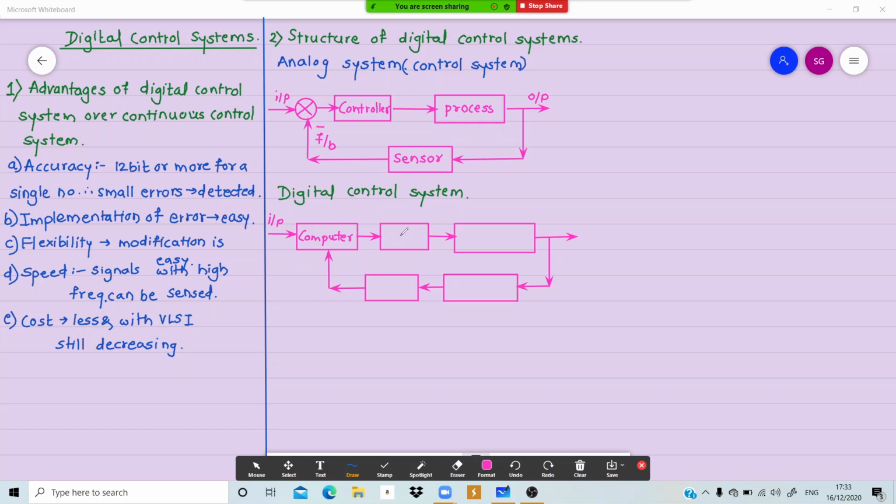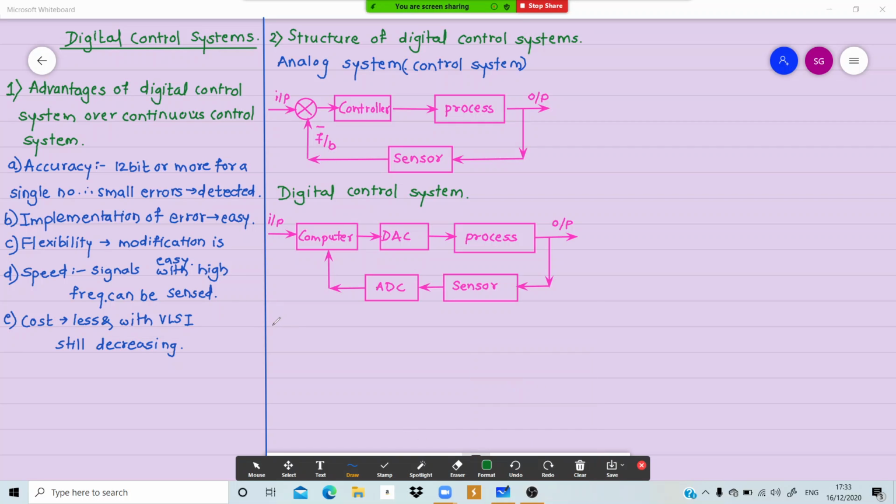Output of that will be digital signal, you want to give it to your process. So that means this should be converted into analog signal, so you should have DAC over here, digital to analog converter. Now this output is of course analog one, which will be sensed by your sensor, correct? Then this sensed signal will also be analog one, but you want to give it to computer, so you should have ADC over here. So on simple line, these two blocks definitely we are supposed to add in the system, so that it will become your digital control system. Okay.